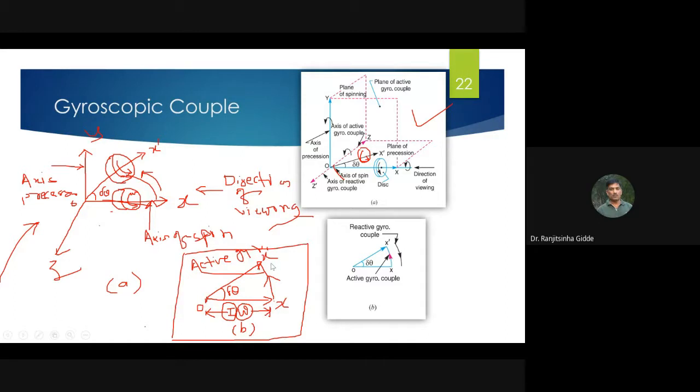To get that new position we have applied some torque or active couple.